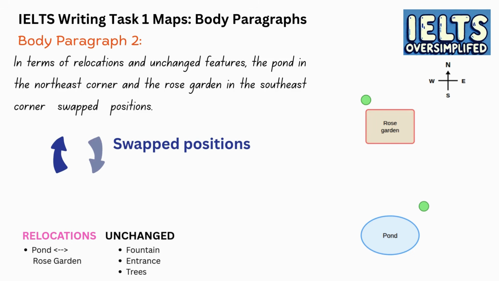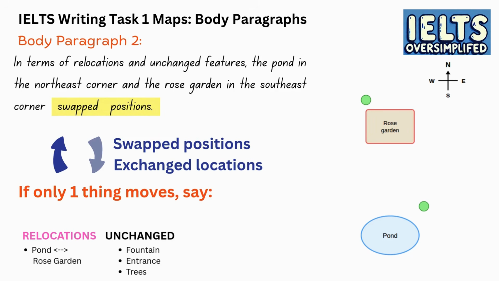This is actually more sophisticated than the longer version because it's concise and elegant. So remember, when 2 things trade places, use swapped positions or exchanged locations. But if only one thing moves, then you do need to say, was relocated from X to Y.